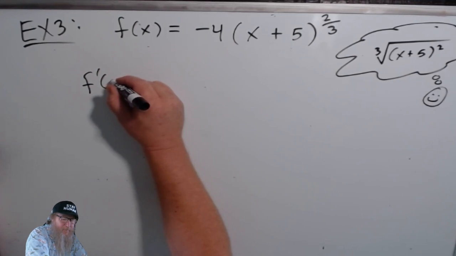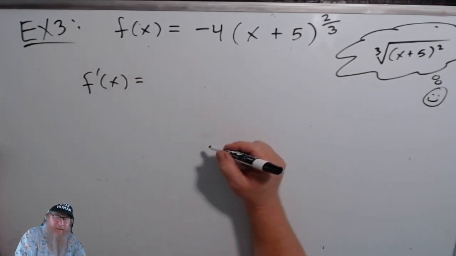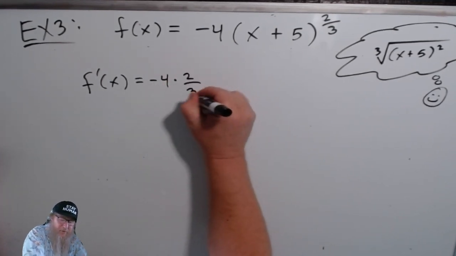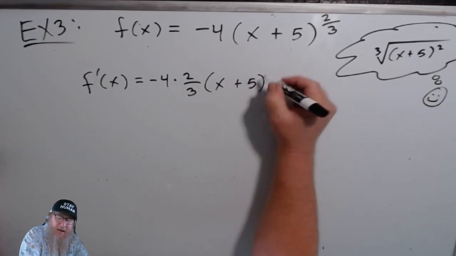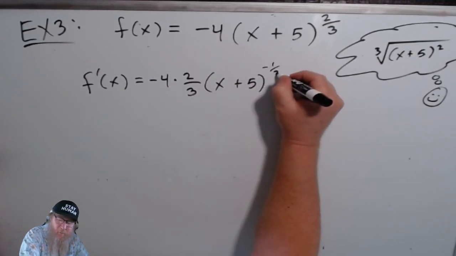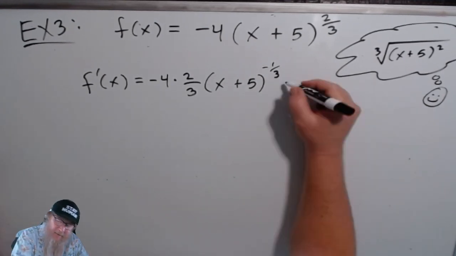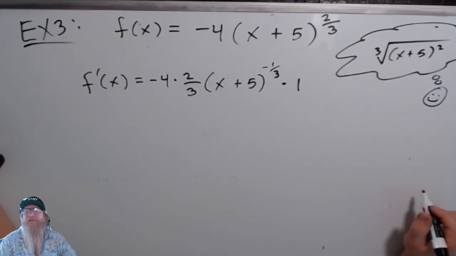F prime of x is negative 4 times 2/3 times x plus 5 to the negative 1/3, and then times 1. Yeah, the derivative of x plus 5 is just 1.